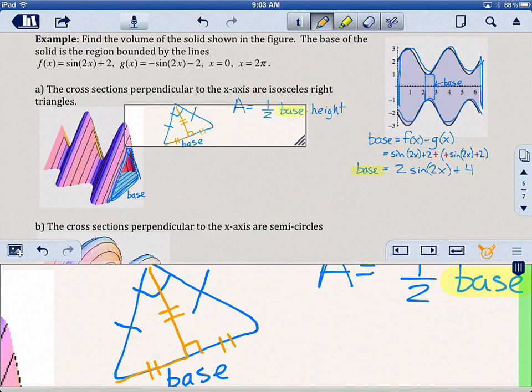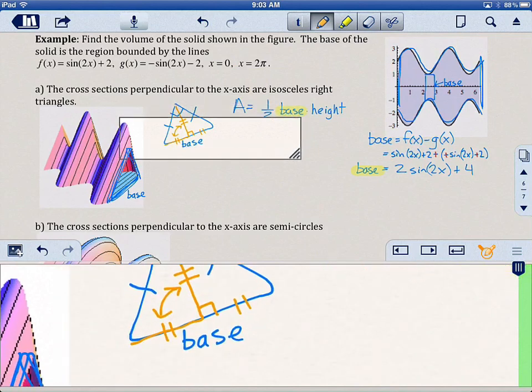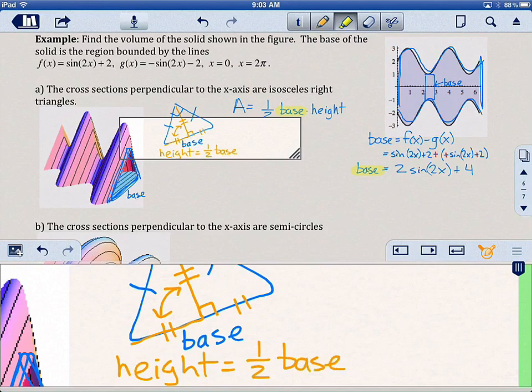So when you split an isosceles right triangle with its altitude, you create another isosceles right triangle here. So we know that height is going to equal 1/2 of the base. Okay, which is good because we know what the base is.